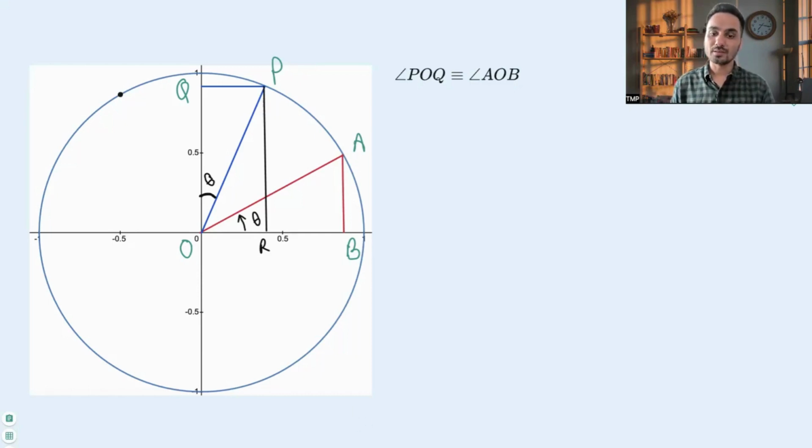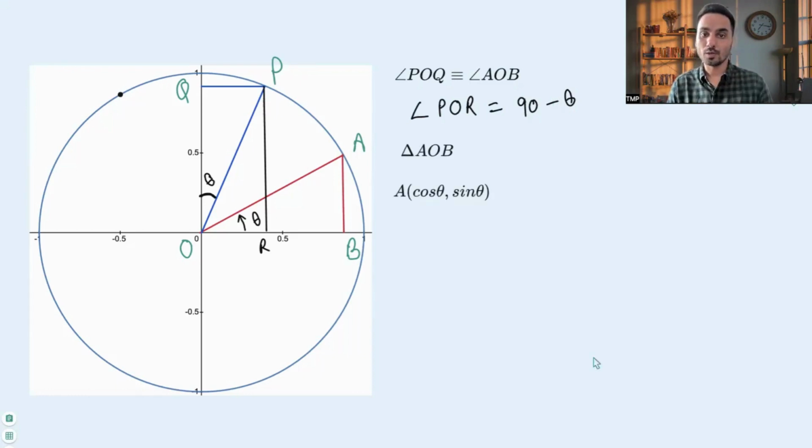That being said, angle POR will be equal to 90 degrees minus theta. So in triangle POR, the angle is 90 minus theta.